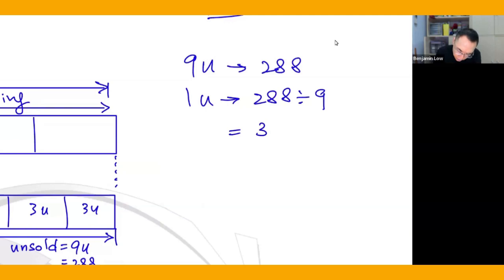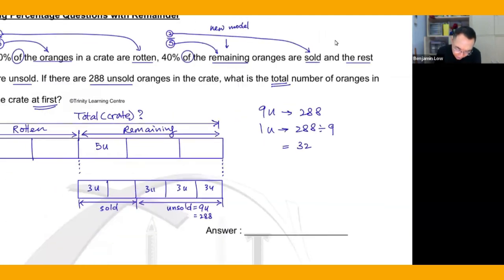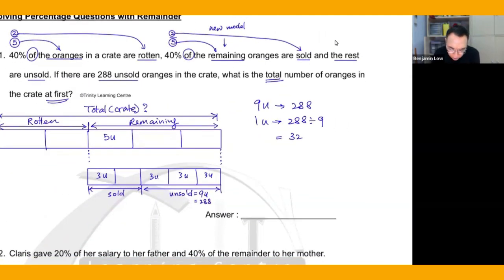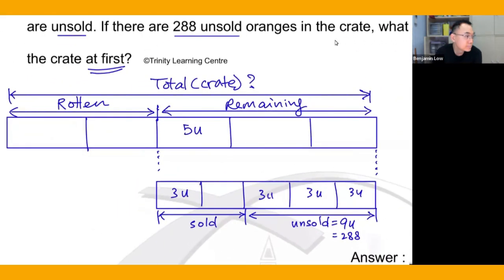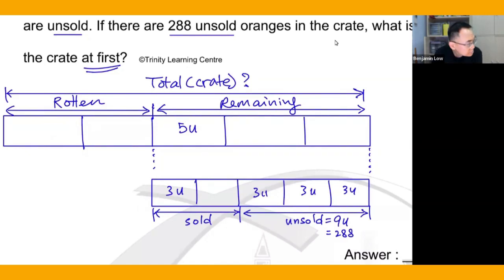This is 32. And then the question is, what is the total? So the total will represent how many units? Anyone? 25. Very good. 5 times 5, 25 units total.